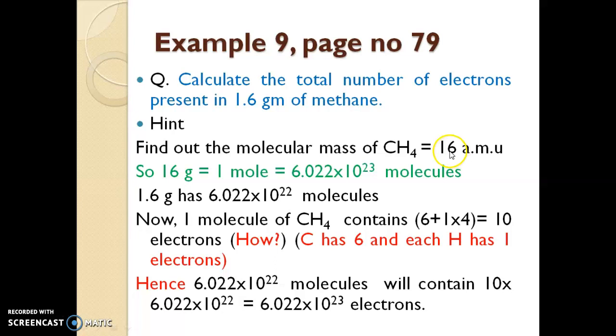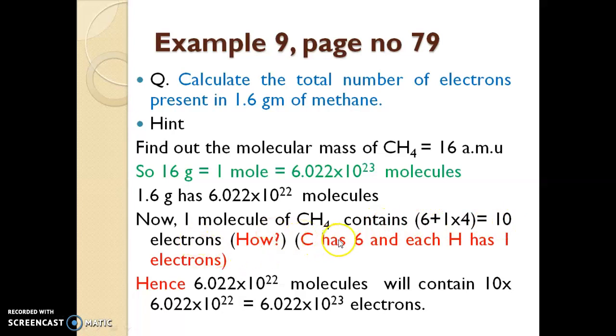Like the previous one, find out the molecular weight of methane, which is 16 u, and this equation is very important: 16 gram is equal to 1 mole is equal to Avogadro number. So ultimately 1.6 gram will have 6.022 into 10 to the power 22 molecules. Now 1 molecule of methane will have 10 electrons.